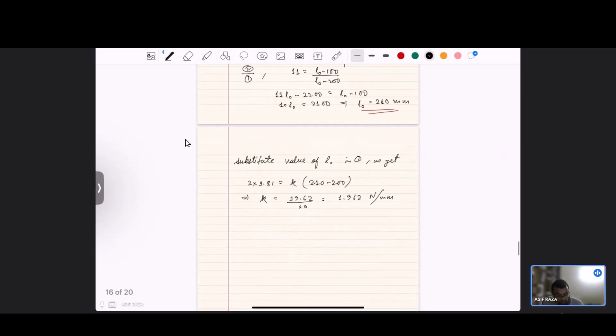So if I want to convert it into Newton per meter, I just need to multiply it with 1000 in the numerator, so it will be around Newton per meter.